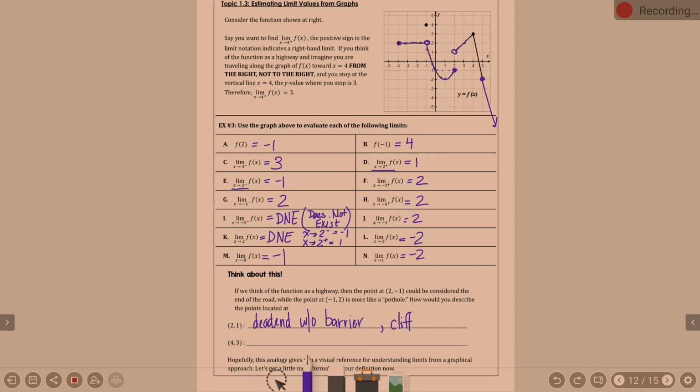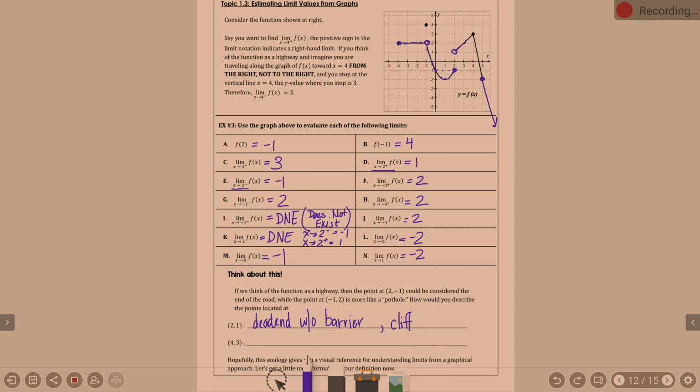The top of a roller coaster. So we could talk top of roller coaster. If we're thinking of a flat road, though, we're going to have a stop sign. Yeah, it continues. I mean, that's the key.